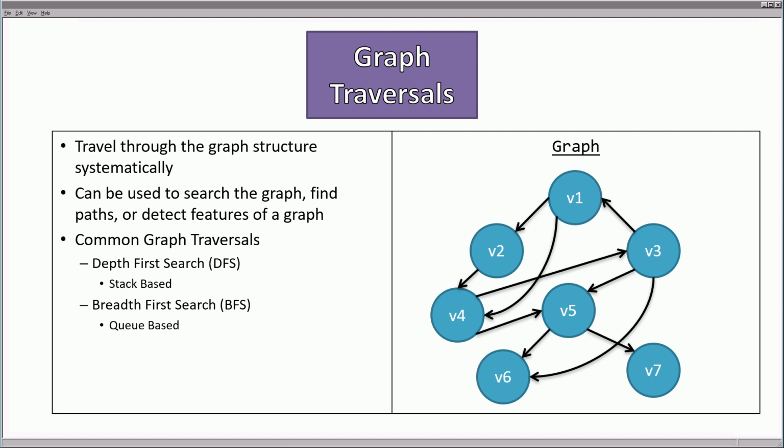The other one is called breadth first search, BFS, and it's based on a queue. Now, relating this back to a previous lecture, depth first search was a way that we traversed a tree. The thing is, pre-order, in-order, and post-order traversals were all examples of depth first search. Now, let's see how that applies to this graph.